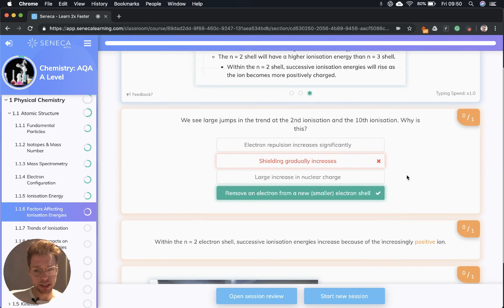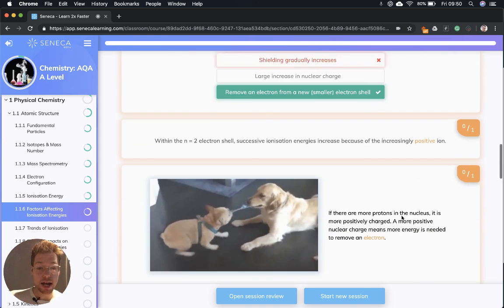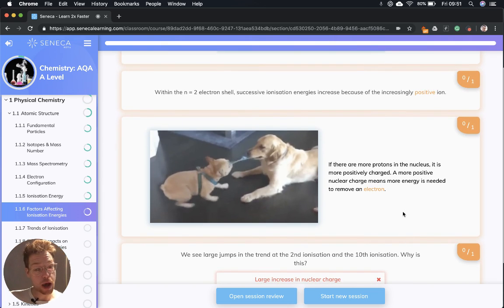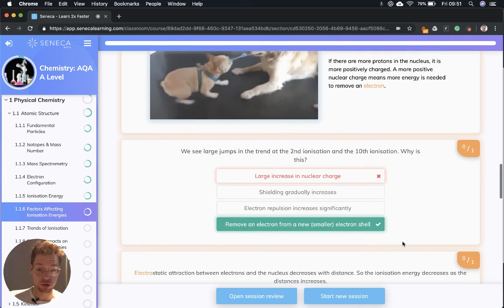So let's consolidate that. We see large jumps in the trend at the second ionization and 10th ionization energies. And this is because we remove an electron from a new, smaller electron shell. If there are more protons in the nucleus, it's more positively charged, remember? So a more positive nuclear charge means more energy is required to remove an electron.